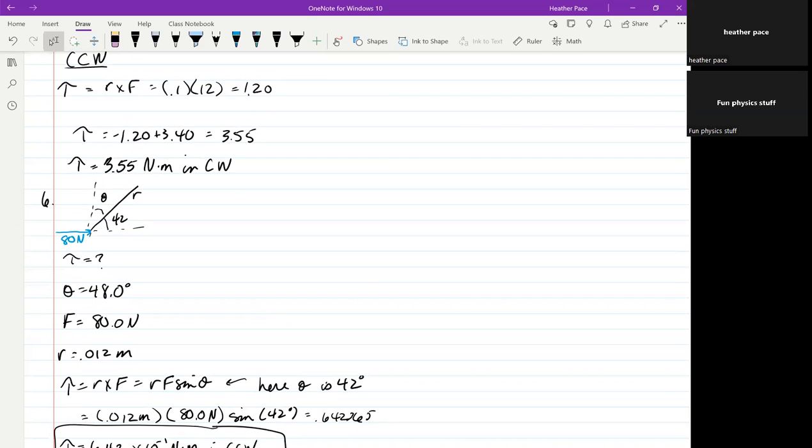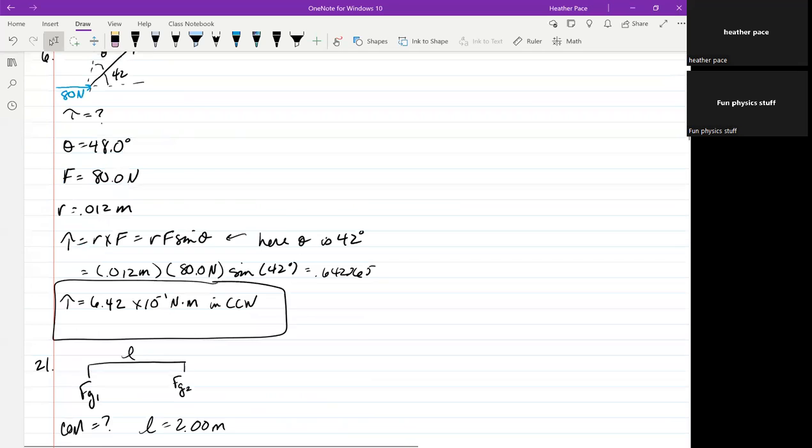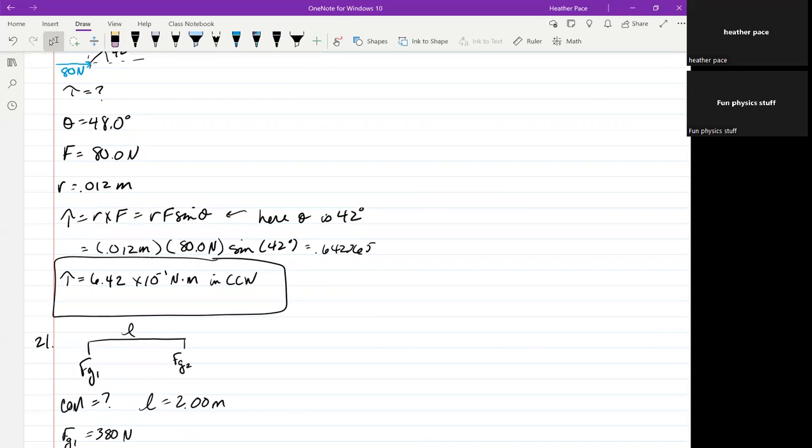As always, we write down what we're looking for. We're looking for tau, and we write down what we're given. So we've got theta equals 48.0 degrees. We've got our force at 80.0 N, and we've got our radius of 0.012 meters.